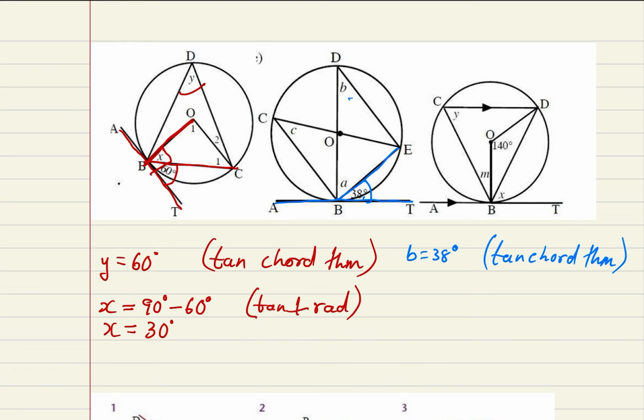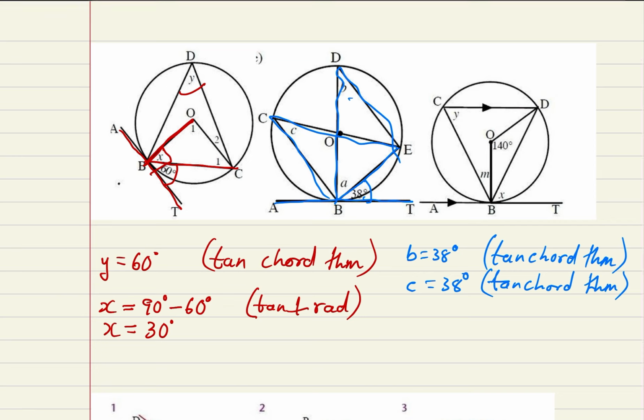Since this is a chord going to that circumference, I can also go to that circumference. So I know that C is equal to 38 degrees, also by the tan chord theorem.